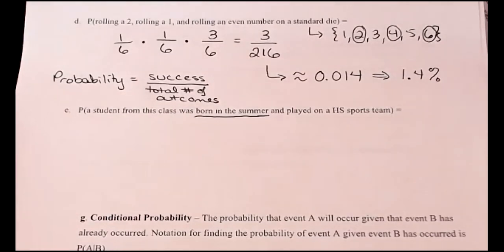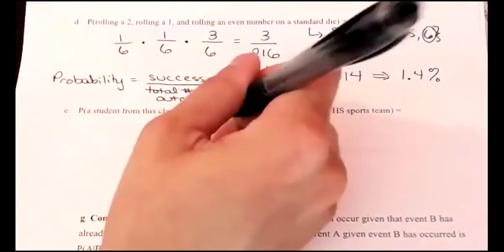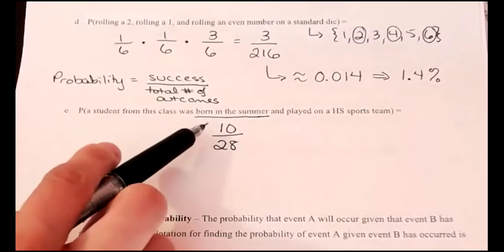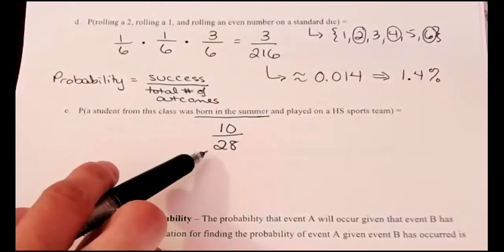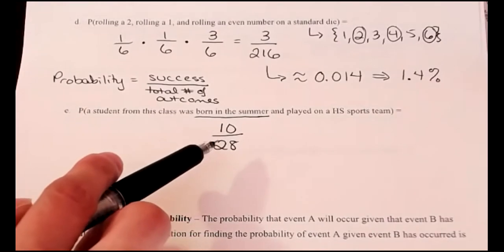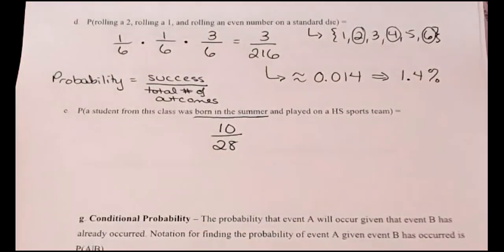Okay, it looks like it's just 10. So 10 out of 28, because we're not including me, I would be the 29th. So we're gonna say 10 out of 28, right? There are 10 people who were born in the summer out of the 28 students that are in this Zoom room right now.